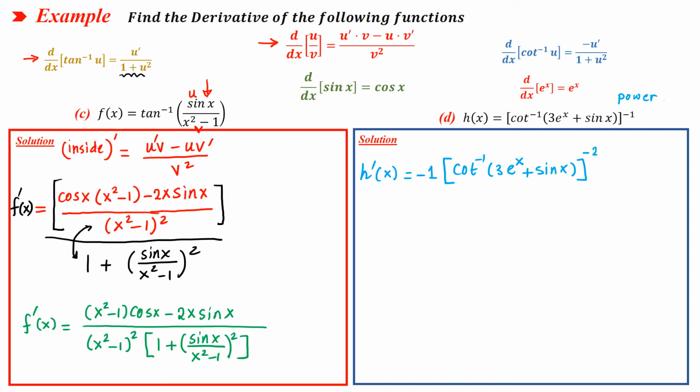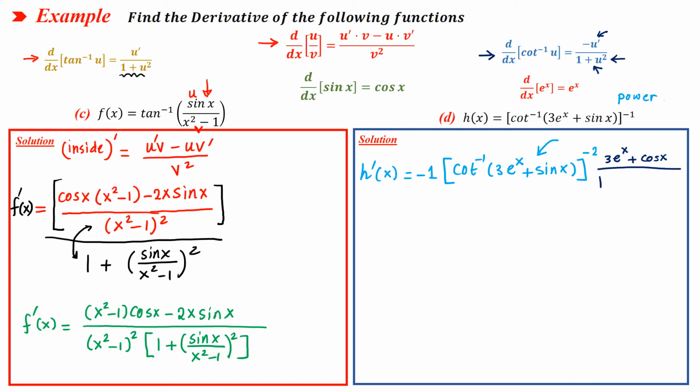Then you have to find the derivative of the inside function, and the inside function is cotan inverse of a function. The derivative of cotan inverse of u equals negative u prime divided by 1 plus the inside function squared. So you have to multiply by the derivative of the inside function, which is 3e to the x plus the derivative of sine, which is cosine x, divided by 1 plus the function squared.